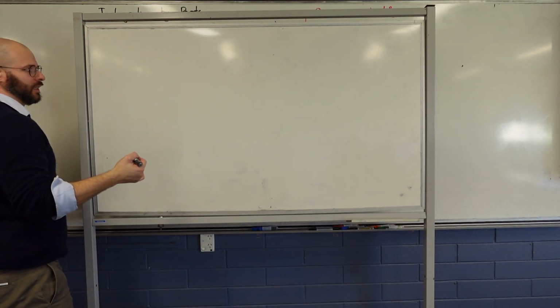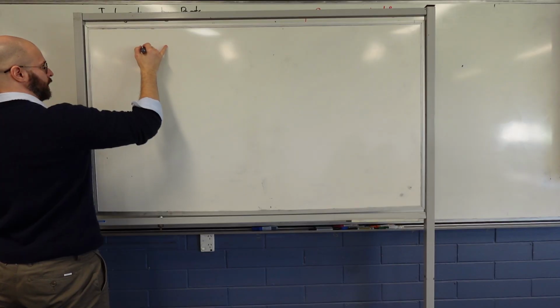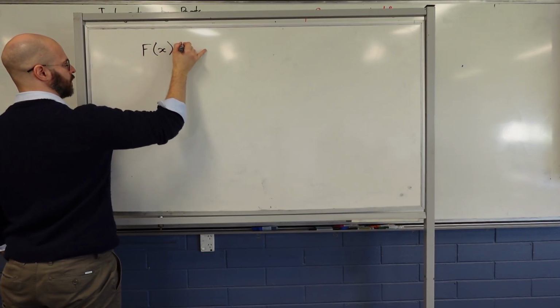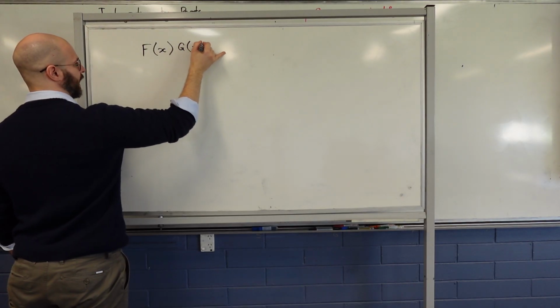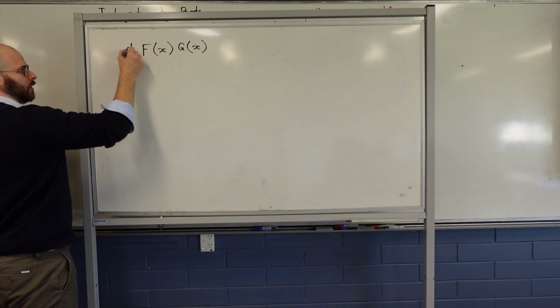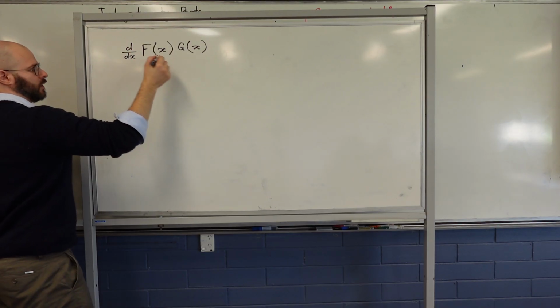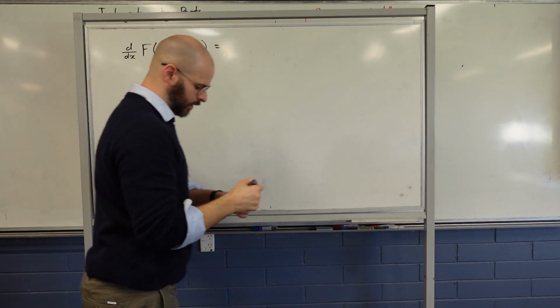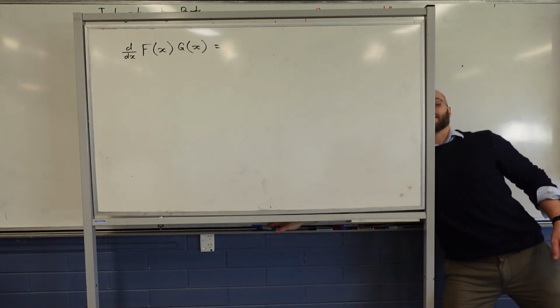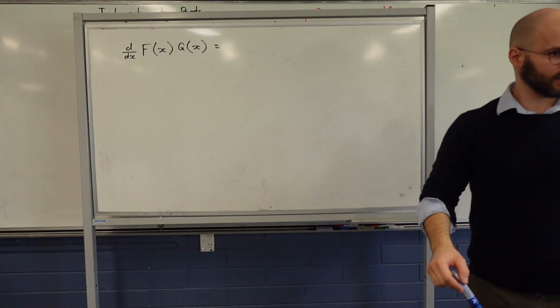Suppose we have the expression f of x, g of x. And what we want to do is take the derivative of it. Any ideas? What would it look like if we took the derivative of this function here?